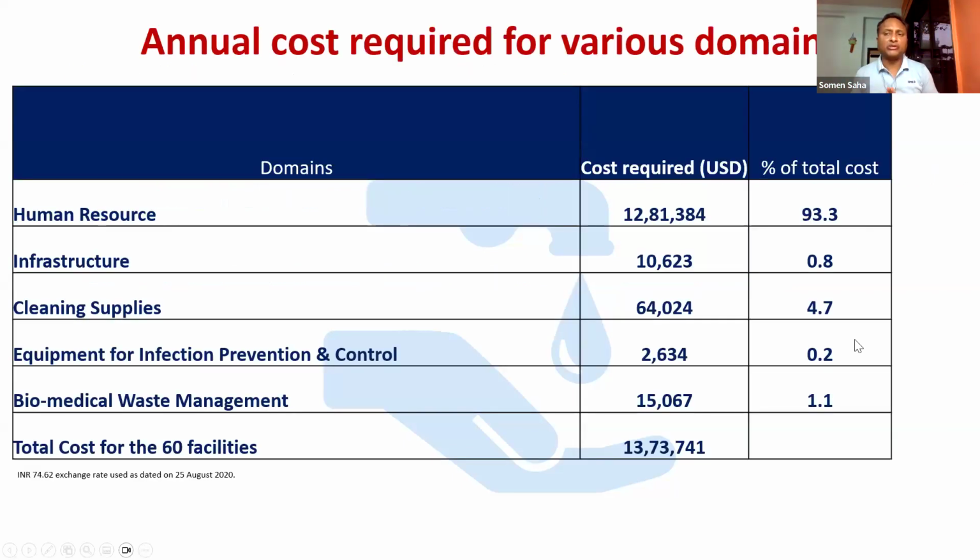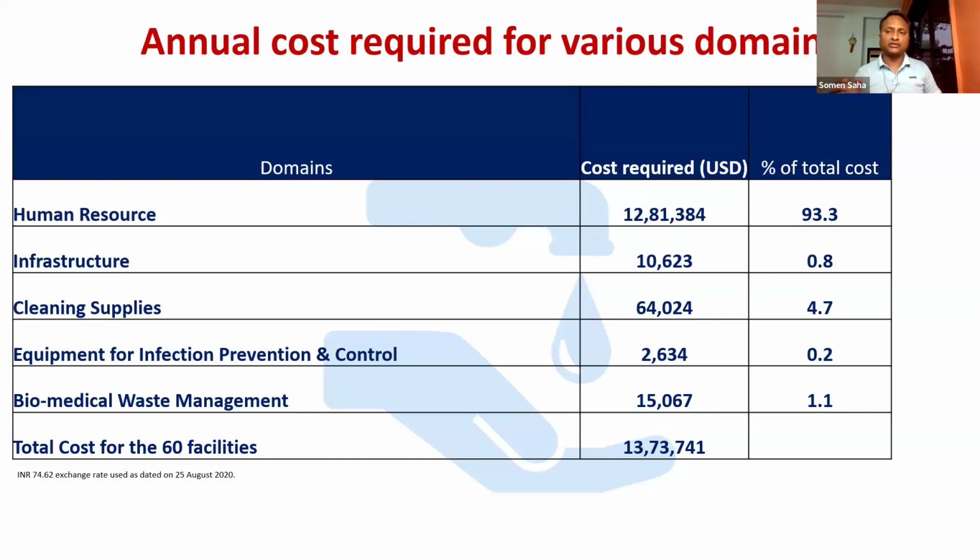Okay, so this is a summary where I will also present both the capital and recurrent costs, just like you have seen in case 2, in the next slide. But in this slide, what I want to explain is that among our 5 domains that we have presented earlier, we started with the domain where we felt major cost was required. It was the human resources. In most cases, they were relying on contractual part-time cleaners, because cleaning is something looked upon as a job not well taken by employees.